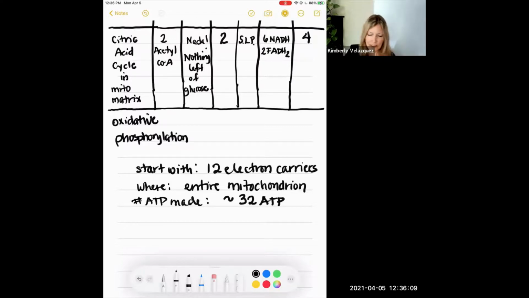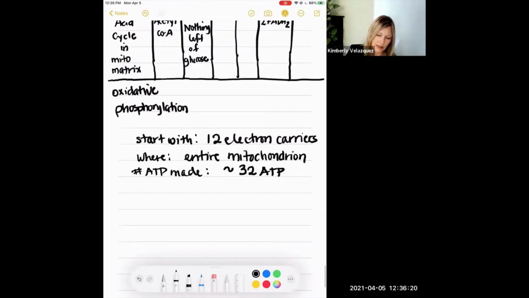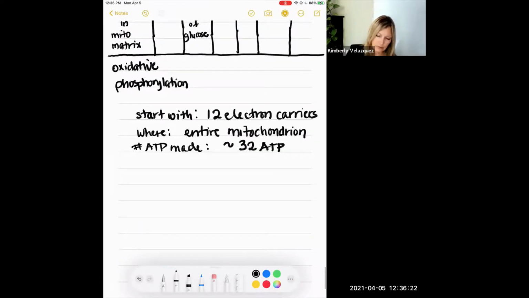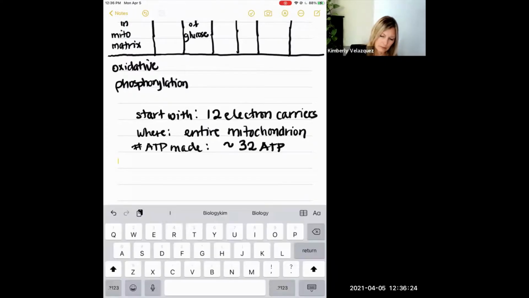And they're made by a very important enzyme that is embedded in the inner membrane of the mitochondrion. So let's look at the structure of that mitochondrion again.